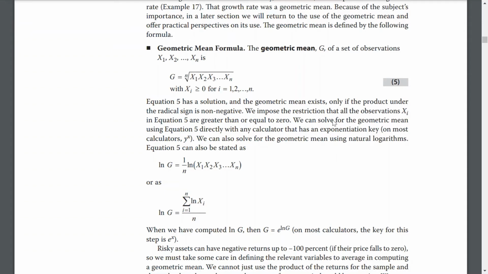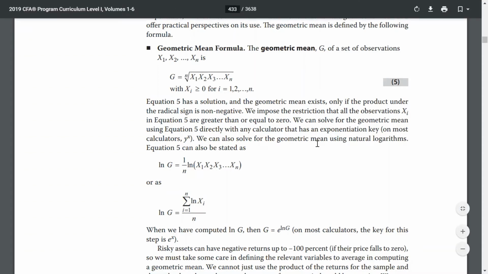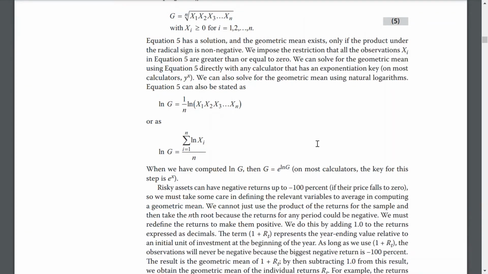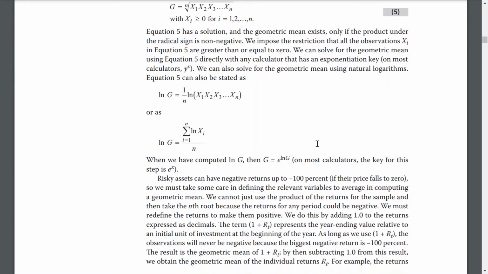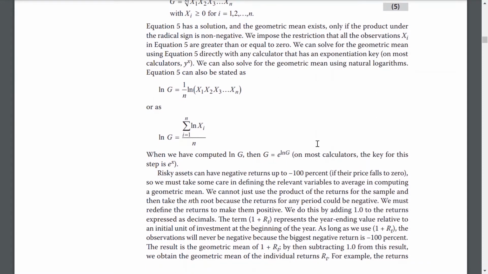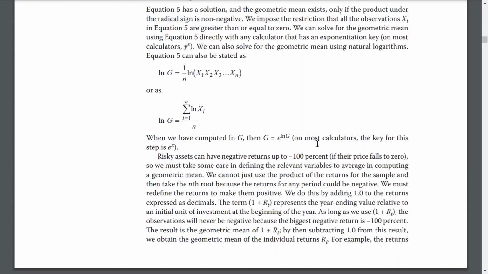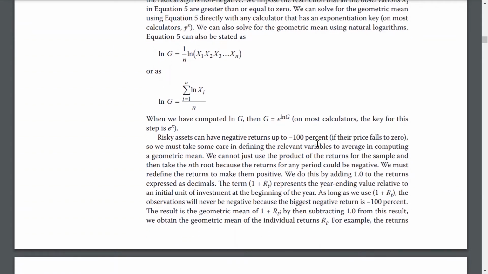We can solve for the geometric mean by using equation 5 directly with any calculating device, such as a calculator that has an exponentiation key, or most calculators with a y to the power of x key. When we have computed ln G, then G equals e to the ln G. On most calculators, the key for this is e to the power of x.